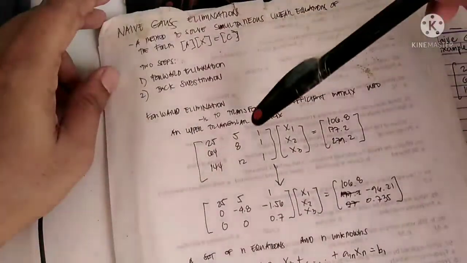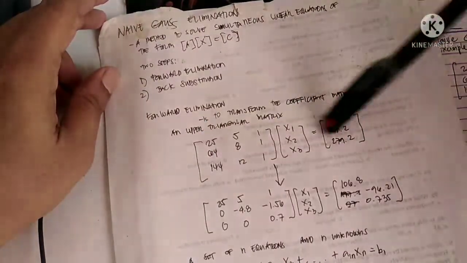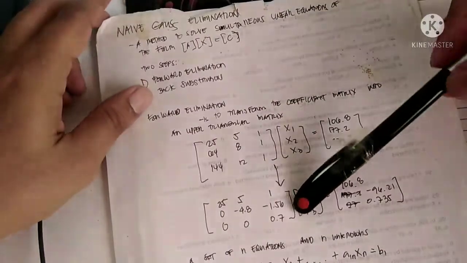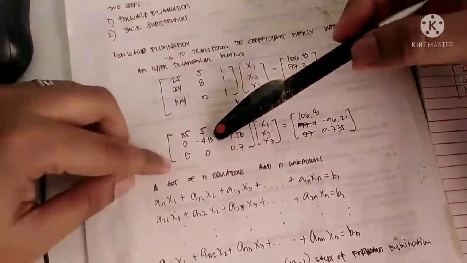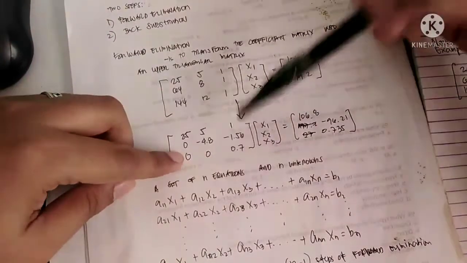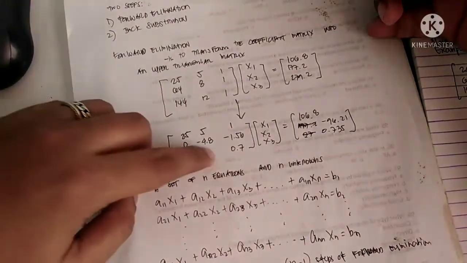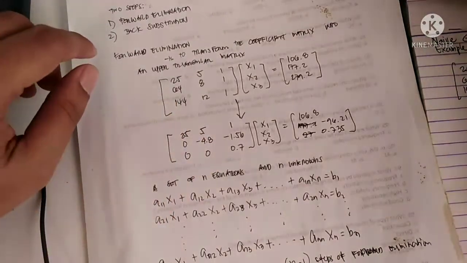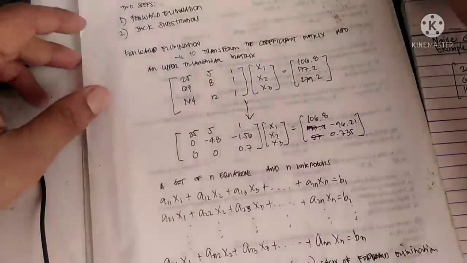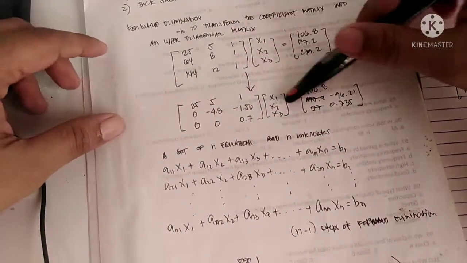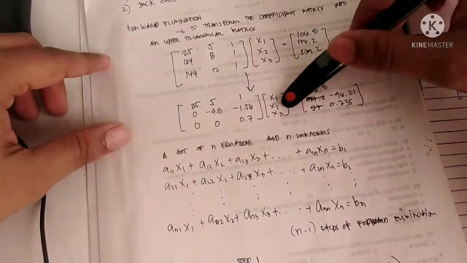By forward elimination, this matrix will be transformed into an upper triangular matrix, like this one. These coefficients will be 0, in order to calculate the unknowns x1, x2, and x3.